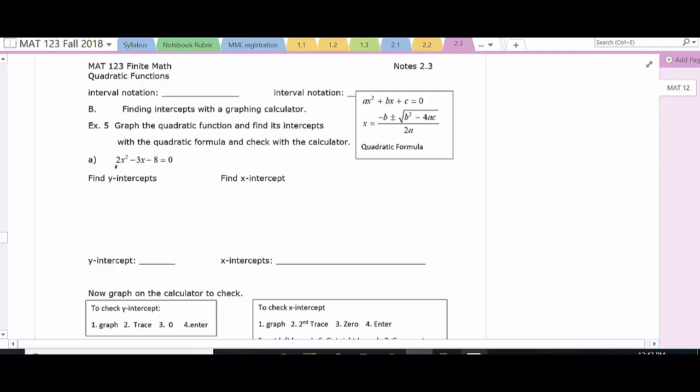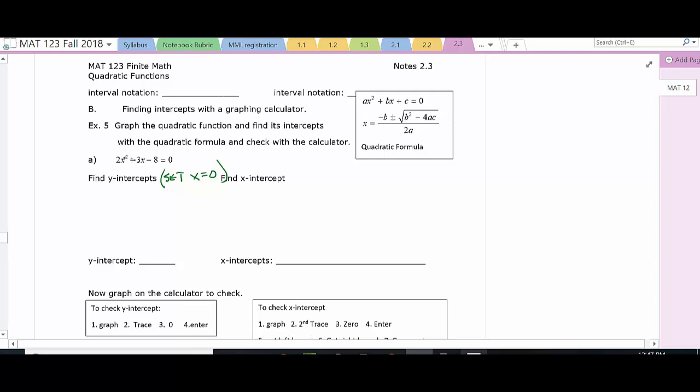First of all, we're going to find the intercepts by hand. You're going to do this over and over again in this class for lots of different reasons, and this is something you should write down. When you find a y-intercept, all you're going to do is set the x value equal to 0 and do arithmetic. That's it. You can learn to do this in your head.